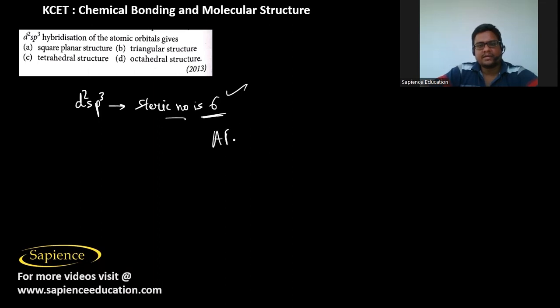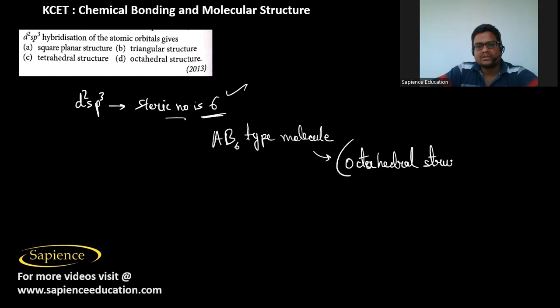So it means that it is AB6 type molecule. So for AB6 type molecule, we will have octahedral geometry or octahedral structure. So option D is the correct answer.